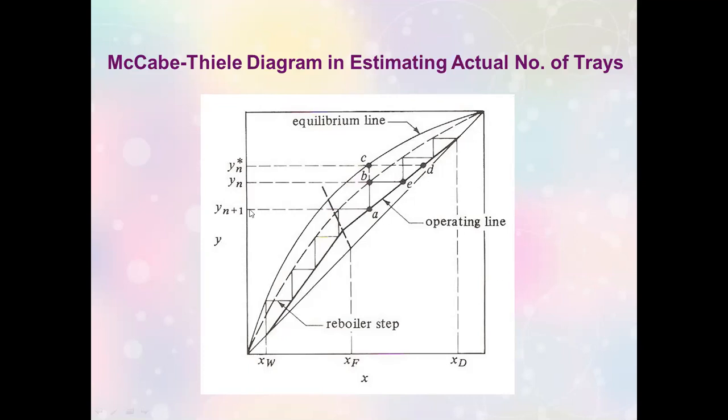What do you think? You have here the Y sub n plus 1, you have the Y sub n, and you have the Y sub n asterisk, and you have A, B, C. What is the significance of the points A, B, C in here?